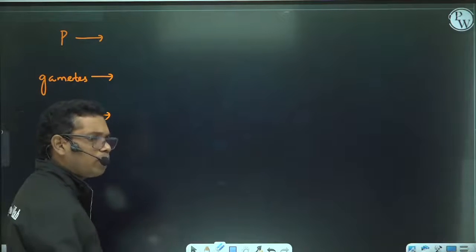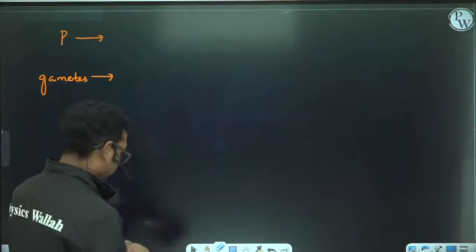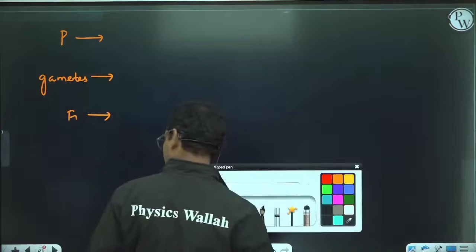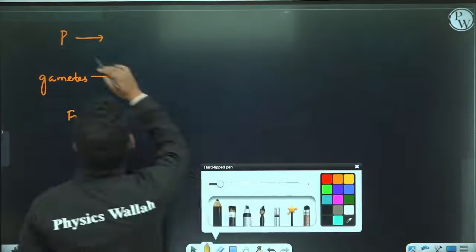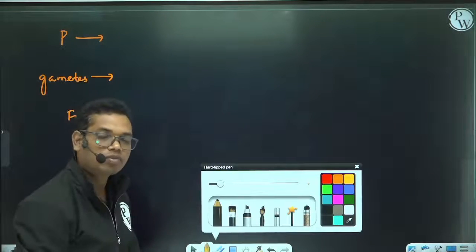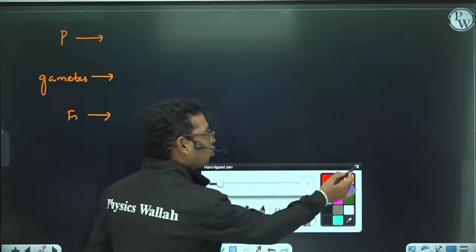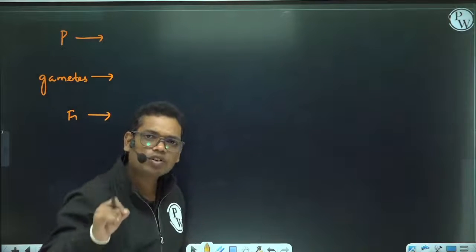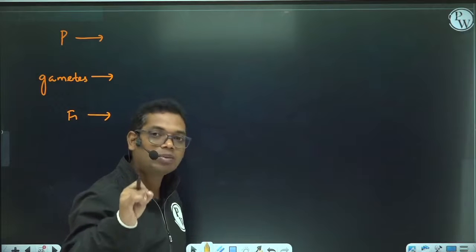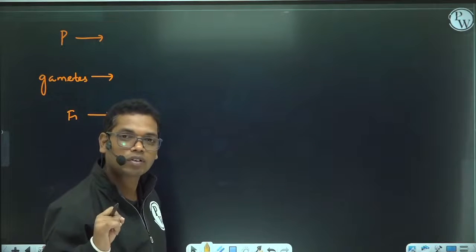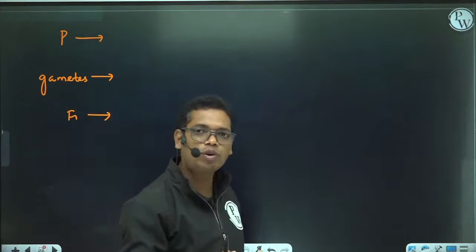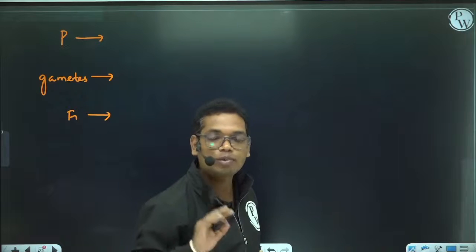Now let me explain the monohybrid cross in more detail. Suppose here P for parental generation. As I have told you, the parental generation must always be pure line. One has to be a dominant pure line, another has to be a recessive pure line.